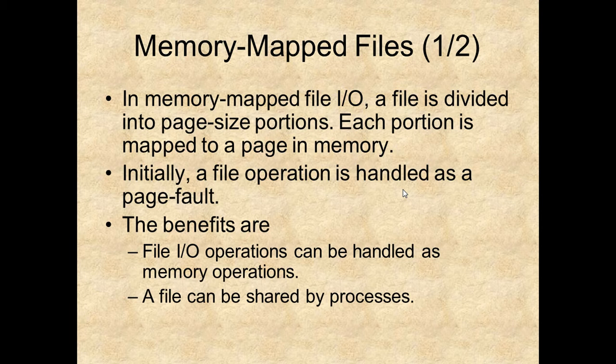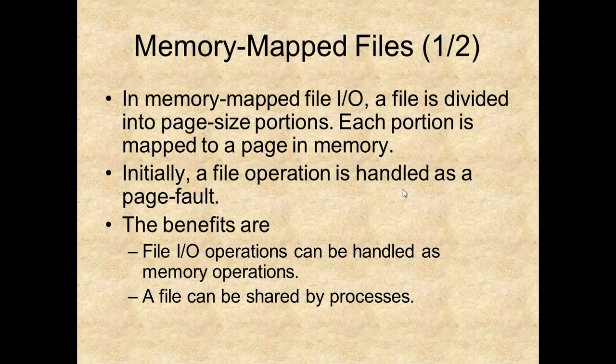Given the file, it needs to be loaded from the disk to the memory for reading and writing. This is very similar to loading a process. If the space for a process can be split into pages, so can the one for a file. So initially a file operation is handled as a page fault.